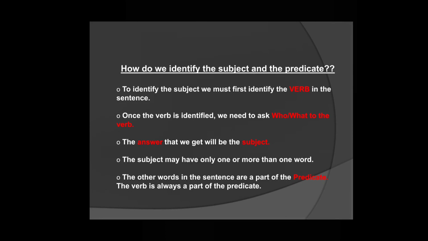A verb, remember, is not only a doing word, but it is also a being word as well as a having word, right? A being word, I mean to say words such as is, am, was, were, are, will be, shall be. Those are all being words.